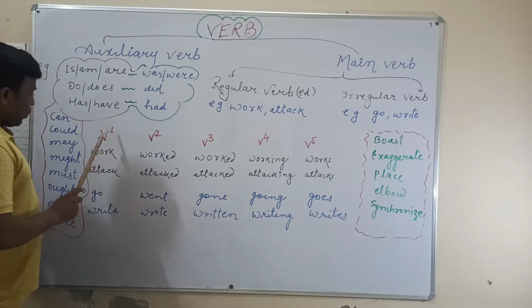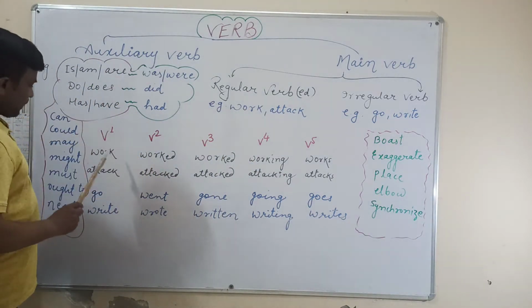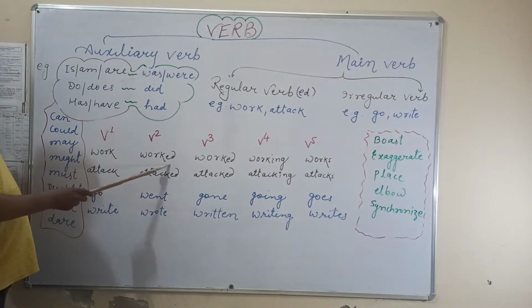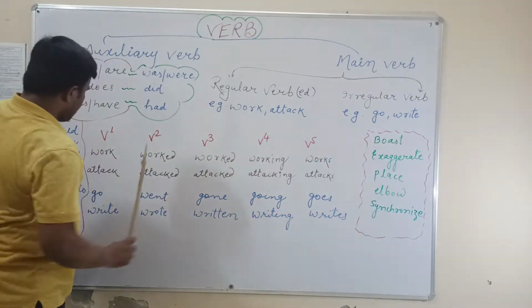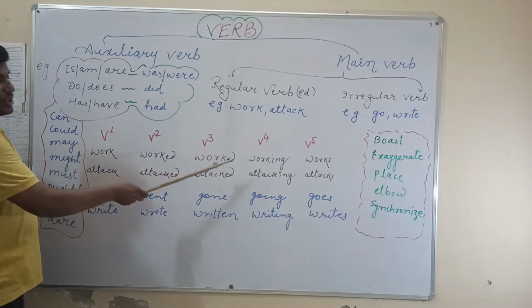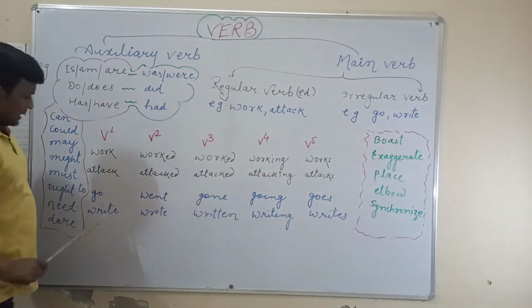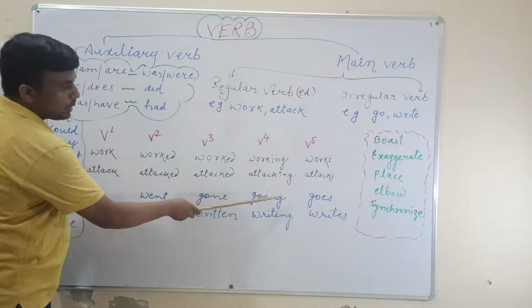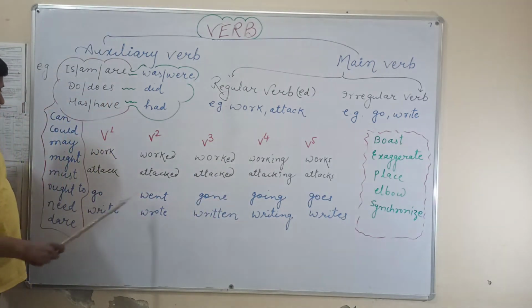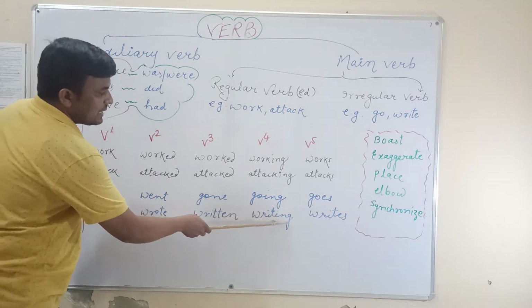Yes. So V1 means first form of the verb. Work. Second form worked, third form worked, working, works. Here attack, attacked, attacked, attacking, attacks. Go, went, gone, going, goes. Write, wrote, written, writing, writes.